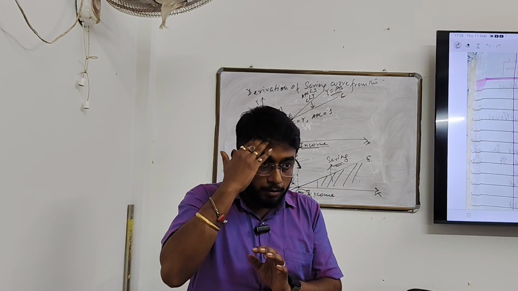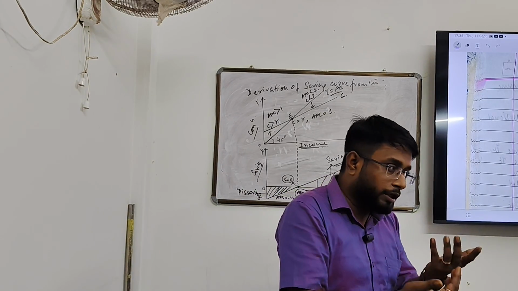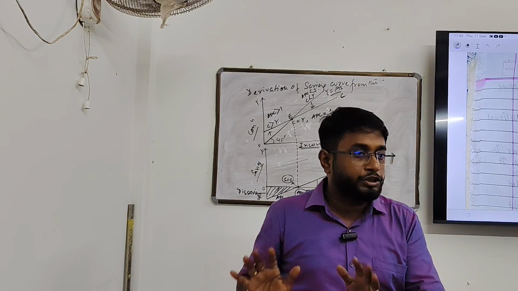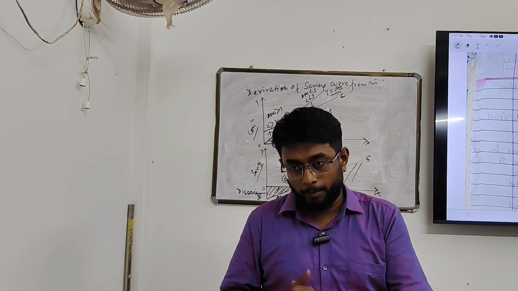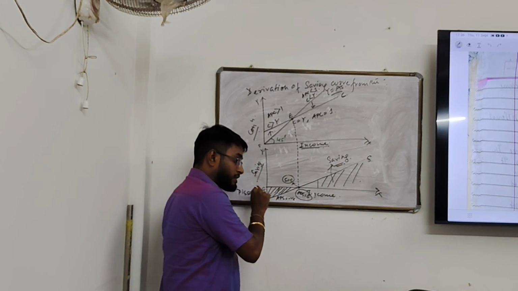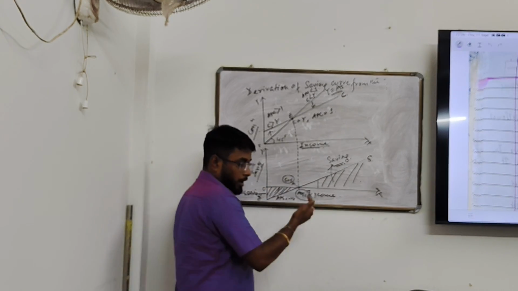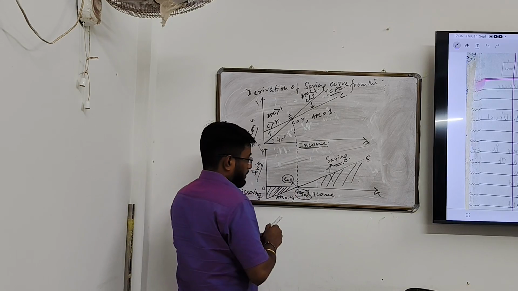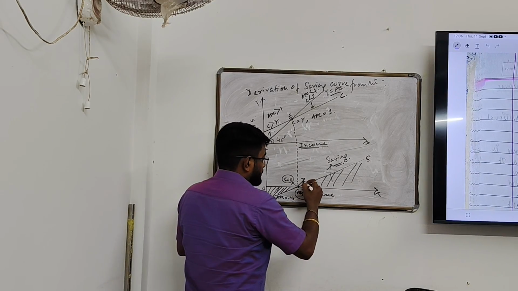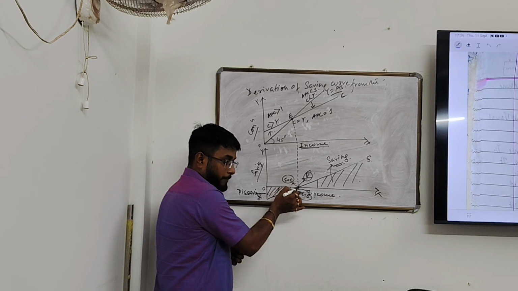Whenever income is more than consumption, or consumption is less than income, there will be some positive savings in the economy. That is, this shaded area is called the area of dissaving or negative savings. Give this point a name, say R, and this point is called zero savings.